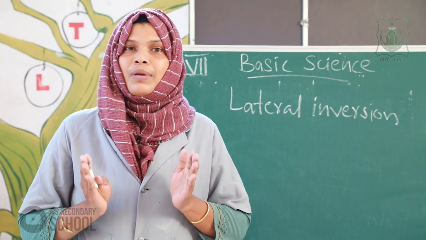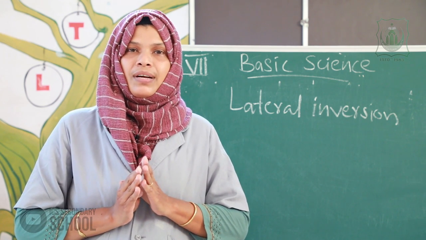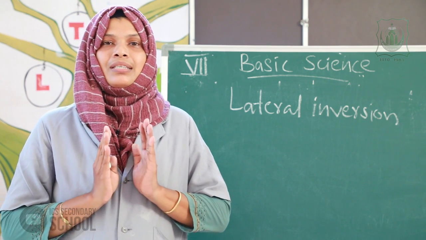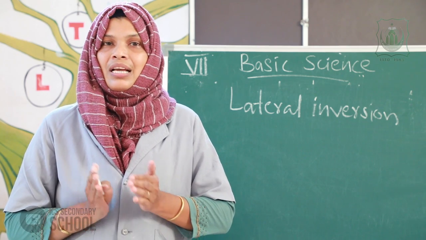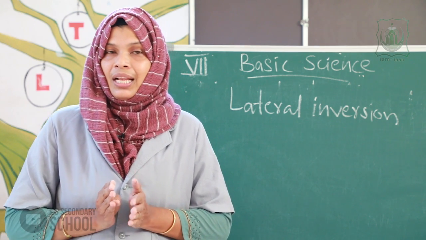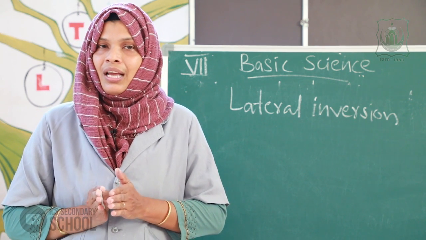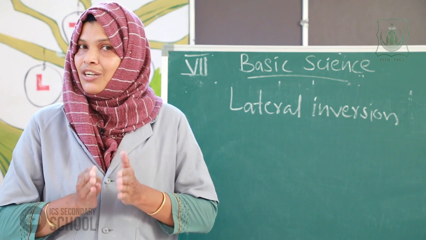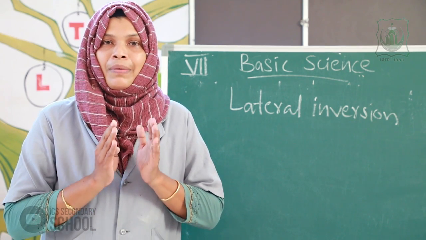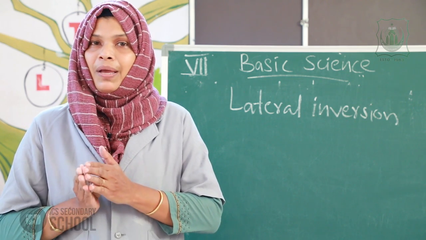What are the properties of the image formed by a plane mirror? First, the size of the image and the size of the object are the same. Second, the distance between the mirror and object is equal to the distance between the mirror and image.